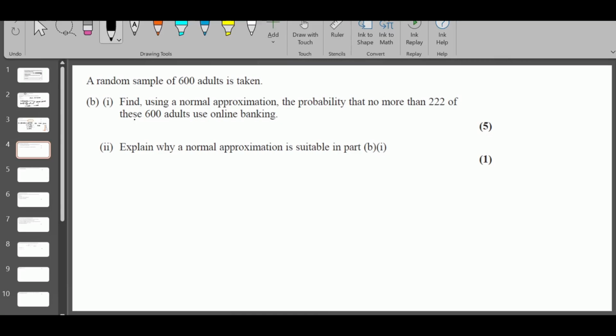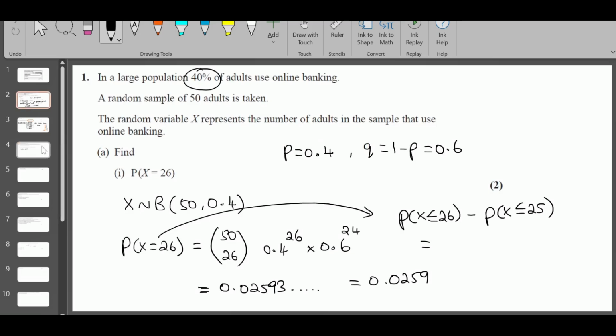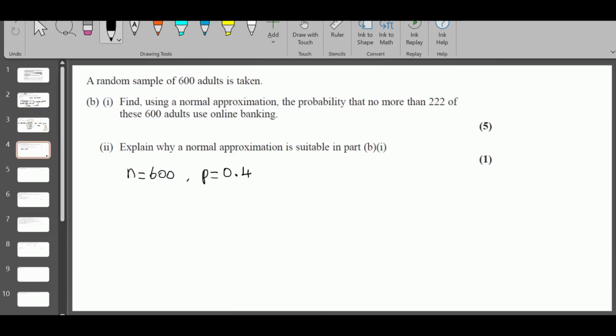Part B now. A random sample of 600 adults is taken. Now n is 600. Find, using a normal approximation, the probability that no more than 222 of those 600 adults use online banking. So here the probability of success is 0.4, same as what's given here. To apply the normal approximation, you need to find mu and sigma.